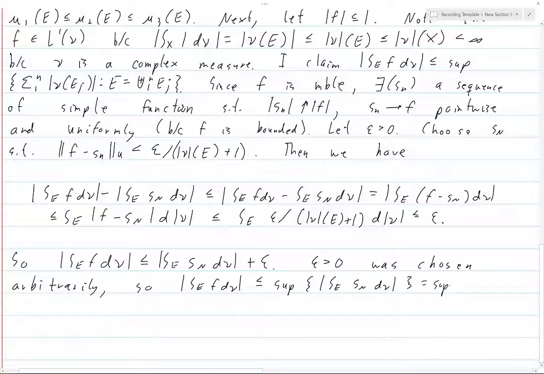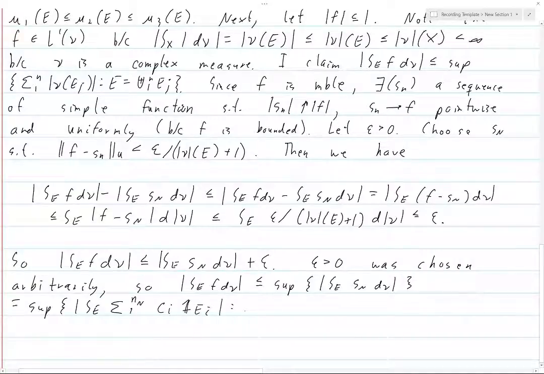This is the supremum over all integral over E of the summation from 1 to n, and this n depends on the capital N, so it's n sub N, of constant c_i times the indicator of E_i.